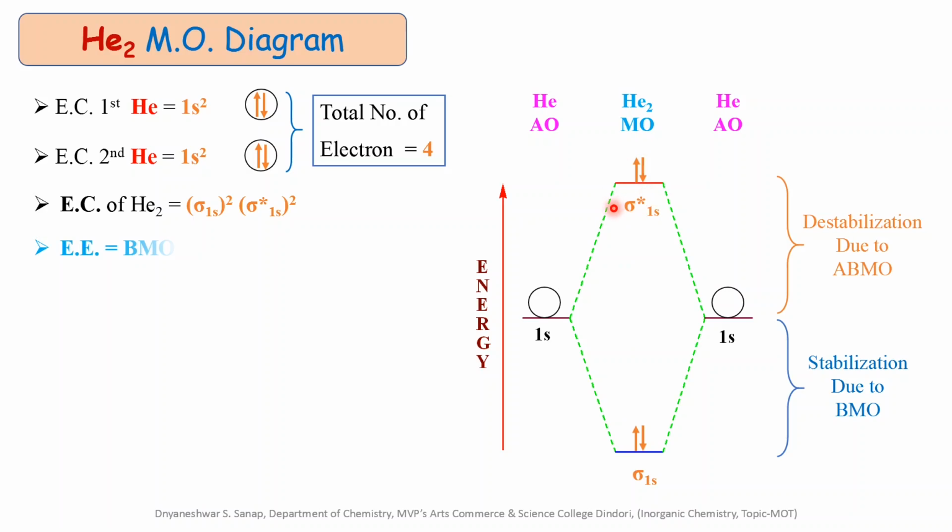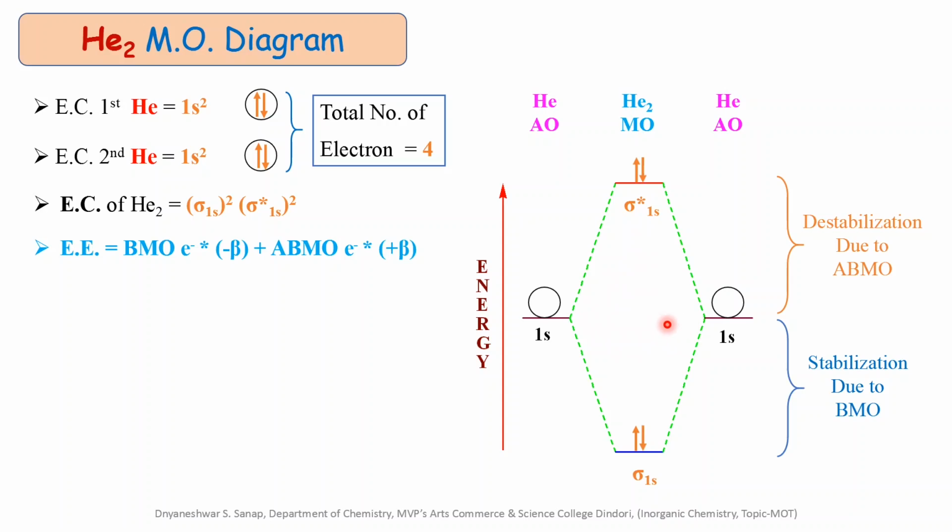The next point is calculation of energy evolved during the formation of the molecule. The energy evolved is calculated using the formula: the number of electrons in the bonding molecular orbital into minus beta, where minus beta indicates the energy liberated during the formation of the bonding molecular orbital, or the energy gap between the barycenter and the bonding molecular orbital, plus the number of electrons in the antibonding molecular orbital into plus beta.